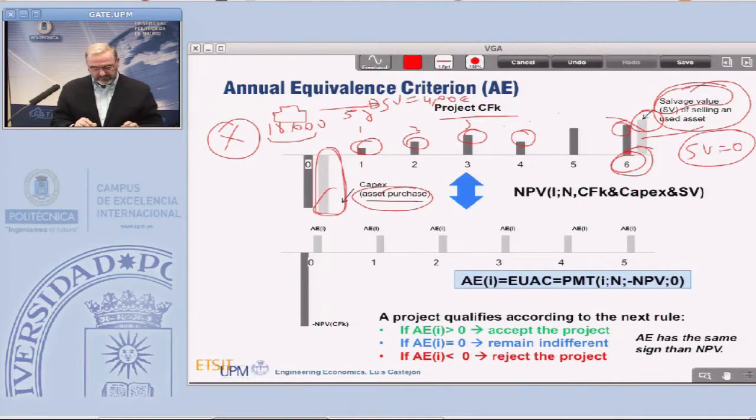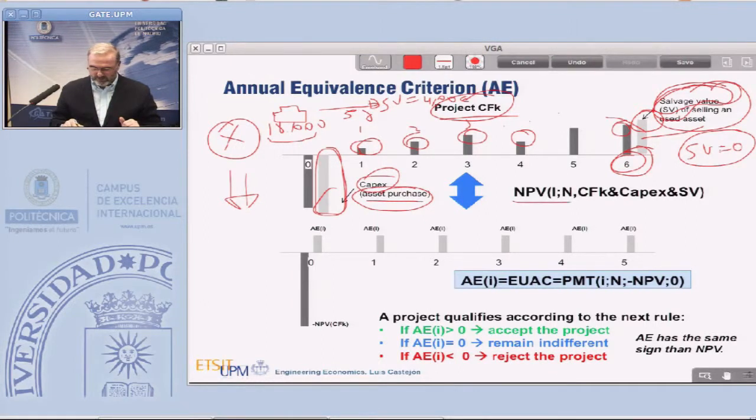And then let me continue in order to know the annual equivalent criterion. So first step, to have the project cash flows, to know the capex, and to know the salvage value.